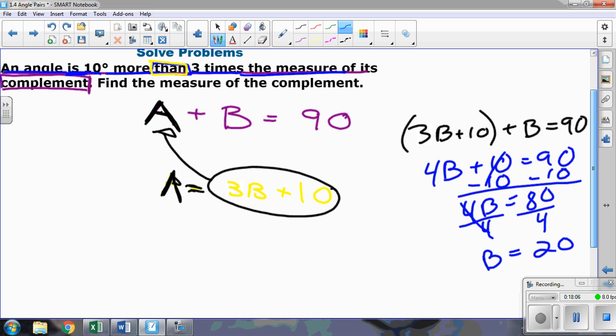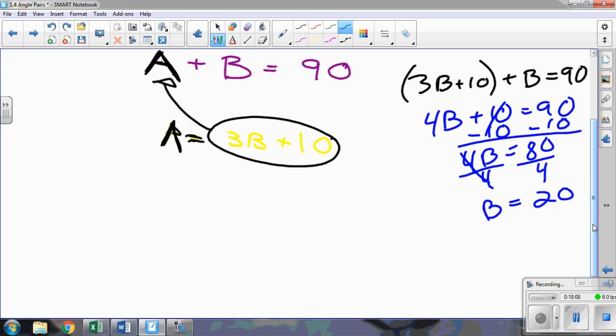So one angle is 20. And so if one angle is 20, how much is the complement? How much more do you need to get back to 90? 70. So that would tell us A is equal to 70. We have our pair of angles. They've got to be 20 and 70.